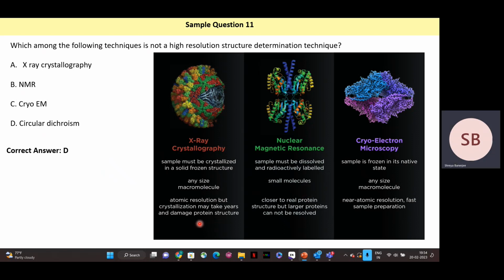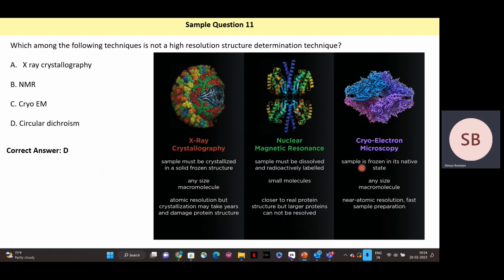Other than that, in X-ray crystallography, you get atomic resolution, but getting an optimum condition for crystallization can take years and even damage the protein structure. In NMR, you get close to the real protein structure, but larger proteins cannot be resolved because larger proteins tumble very fast, and that leads to overlap in NMR signals.